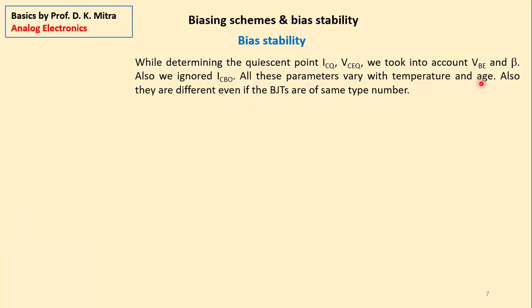That's why electronics components' performance deteriorates as they age. Also, these transistor parameters differ from one device to another. Even with the same type number, suppose you take a BC547 and another BC547, you will find their characteristics are different.